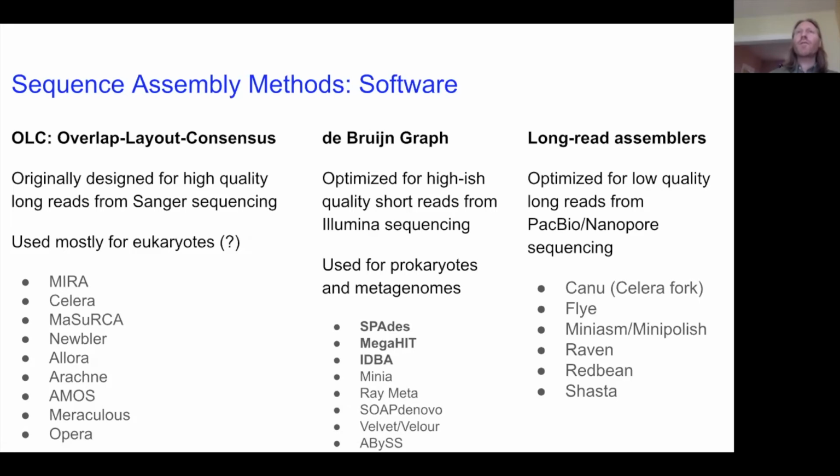So when you don't have a gold standard, it becomes tricky to compare the quality or the usefulness of different assemblers and assembly pipelines, because there's no best thing that you're aiming for.